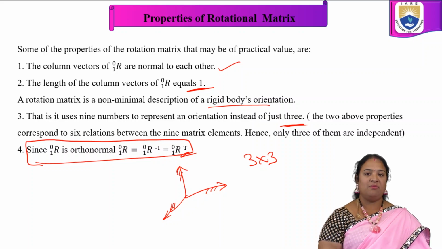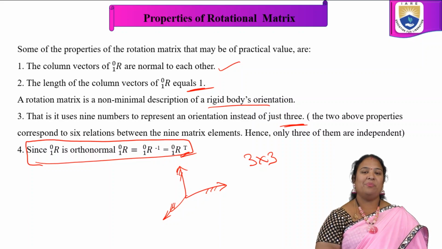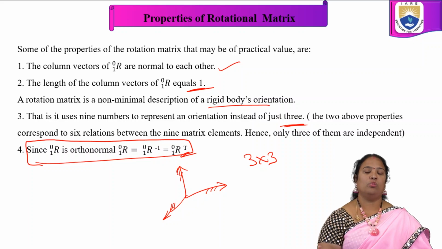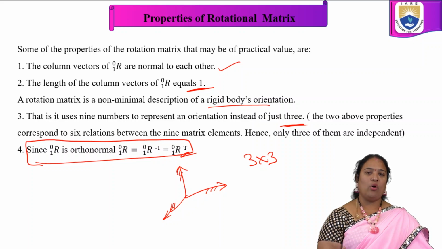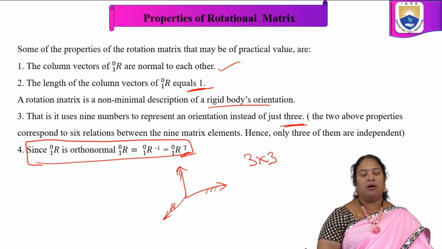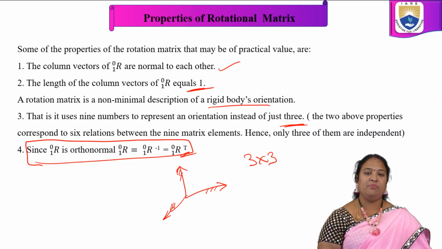Generally, a rotational matrix is used to represent the orientation, or we can also say the position, of any particular robotic arm. In all the previous classes we have theoretically dealt with how a manipulator or the arm works, but when we need to calculate the position or orientation of the arm, manipulator or end effector, we need a mathematical calculation.